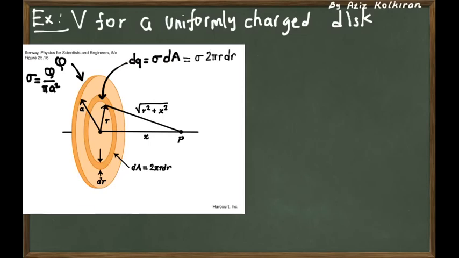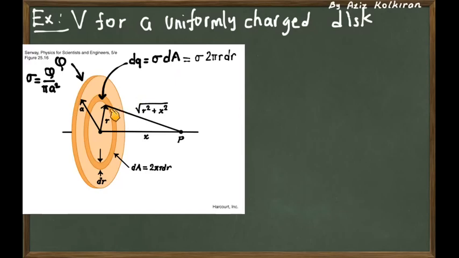The ring covers some area on the disk because it has a small thickness dr, and to find the total charge on the ring, we multiply the surface charge density by the area covered by this ring.